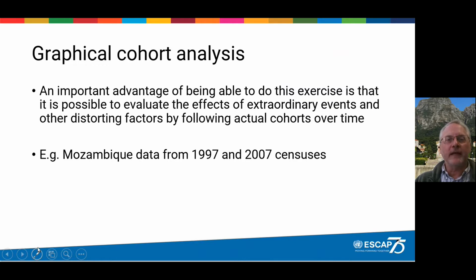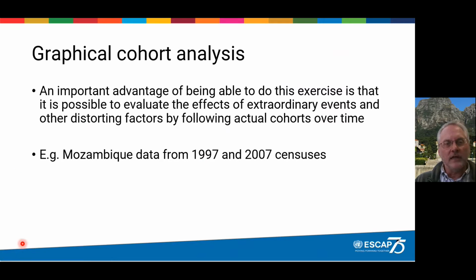An important advantage of being able to do this is that it is then possible to evaluate the effects of extraordinary events or other distorting factors by following actual cohorts over time. And the example which I'm going to be using in this section of the training workshop is data from Mozambique, a Southeast African country, using data from its 1997 and 2007 censuses.